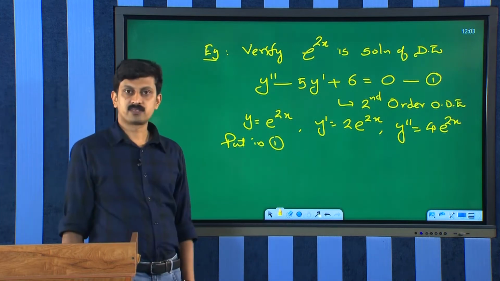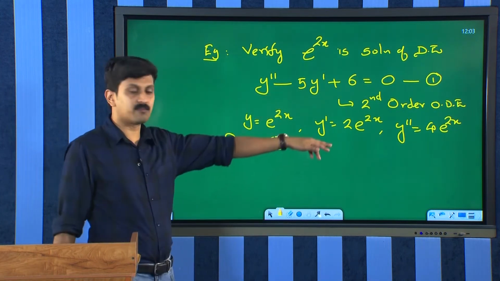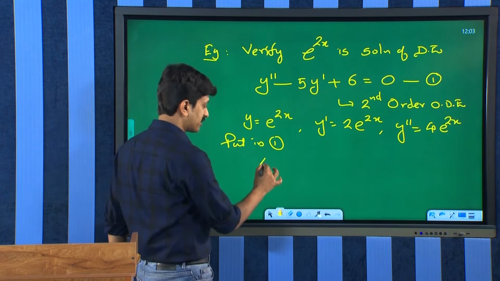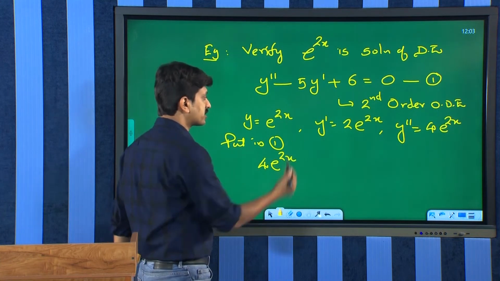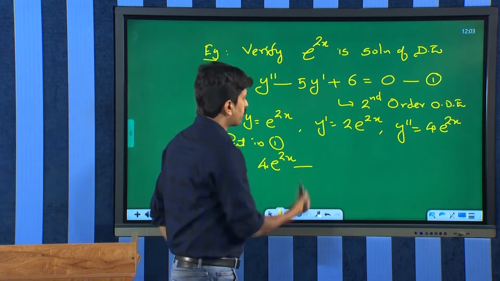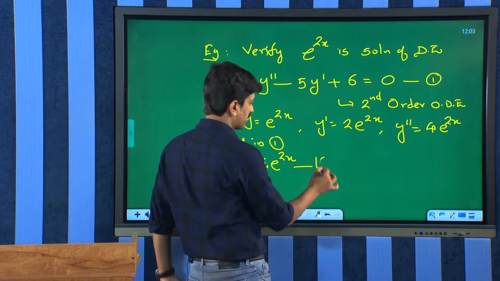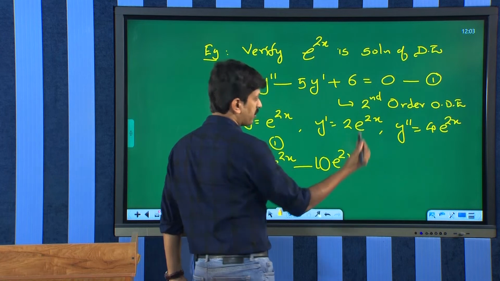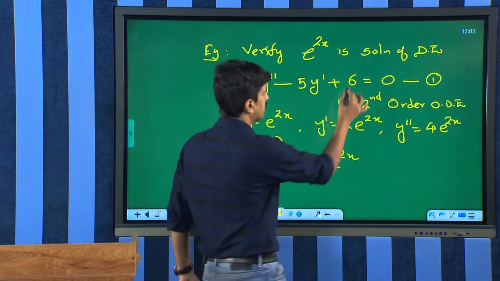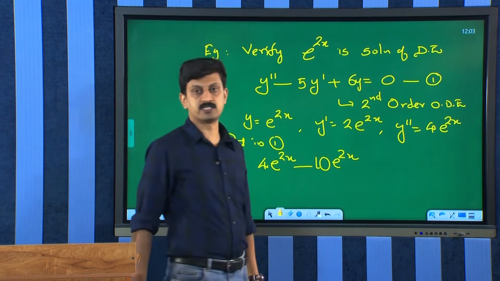Put in 1. So, we have y double dash is equal to 4e^(2x), minus 5 into y dash, 5 into 2 into e^(2x), therefore 10e^(2x). And finally, instead of 6, we have 6y is equal to 0.